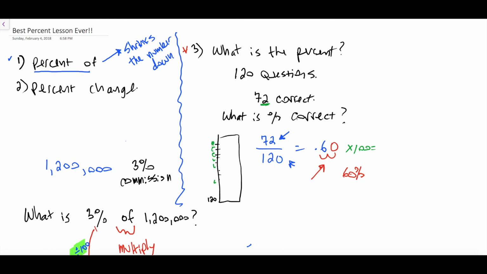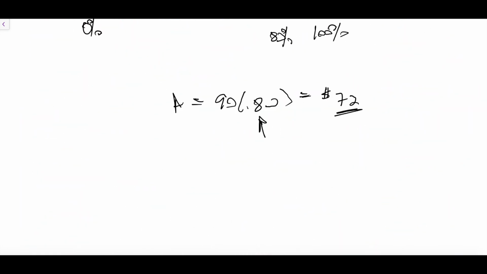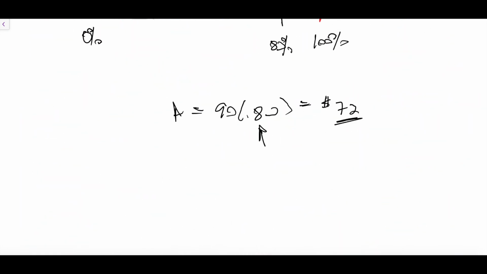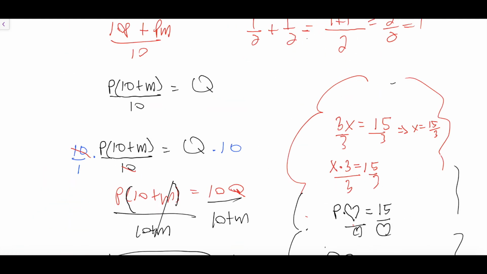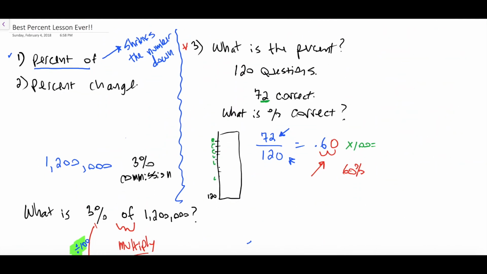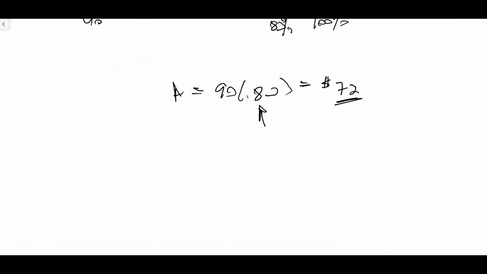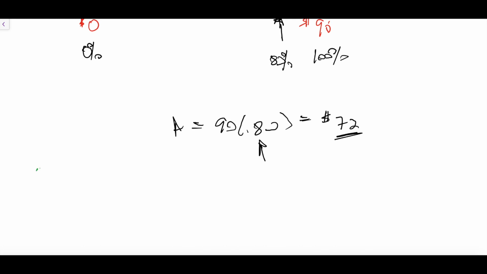Except for the very first one where I just figured out your test score, it all comes down to this one formula: A equals PR.